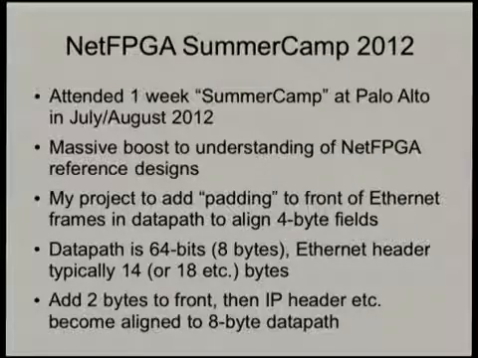But it's not a multiple of 8. It's a multiple of 2. And so all the data that comes after that is misaligned. In particular, your source MAC address, your source IP address, and destination IP address, all the things you require for routing, are all skewed across these 8-byte words that are going through.